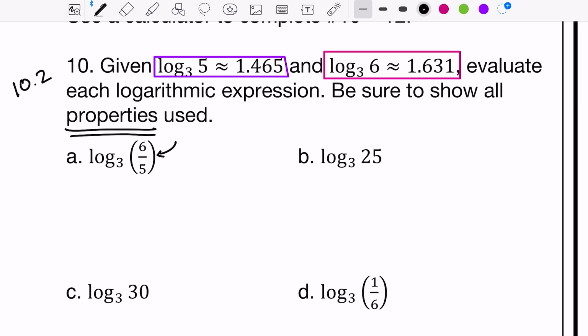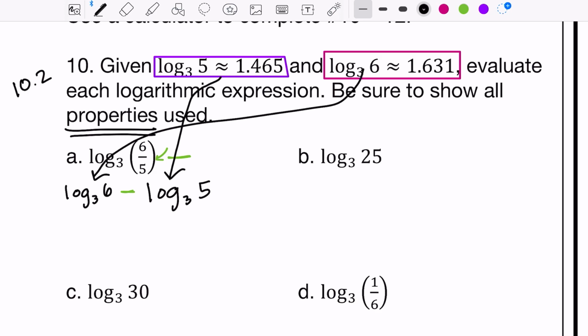So remember, that's dividing, and dividing is a minus. Again, dividing is a minus. So we're going to go ahead and go log base 3 of 6. Then we bring in that minus, and then we have log base 3 of 5. So now, if you notice, we can put that there and that there.